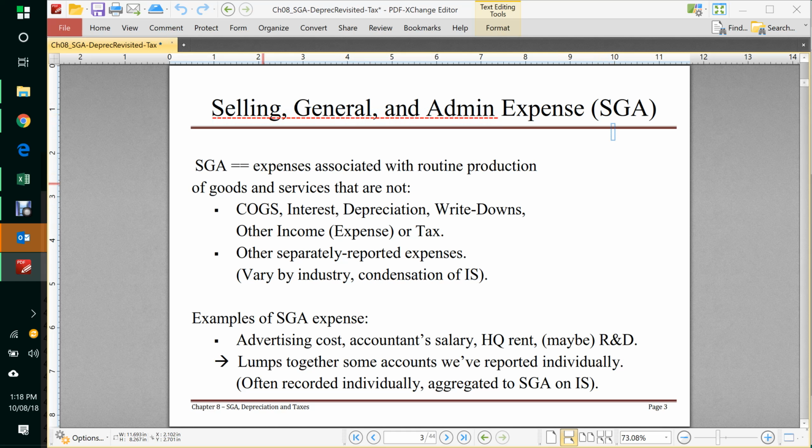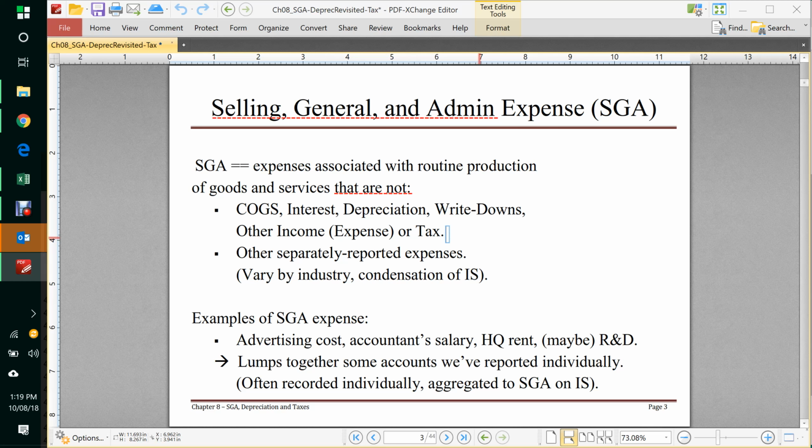These are expenses associated with the routine production of goods and services that are not COGS, interest, depreciation, write downs, other income or other expense, which we will get to soon, or tax.